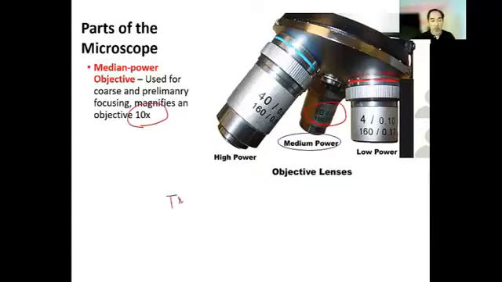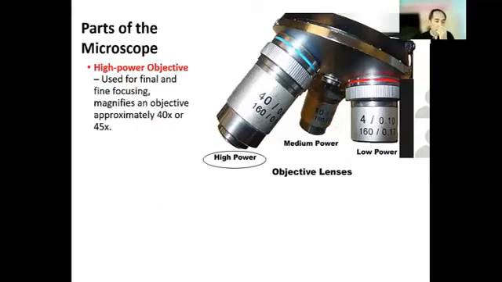So total magnification equals 10 for the ocular lens times 10 for the objective lens, so total magnification is 100x. So you're magnifying the structure you see on the slide 100 times its normal size.